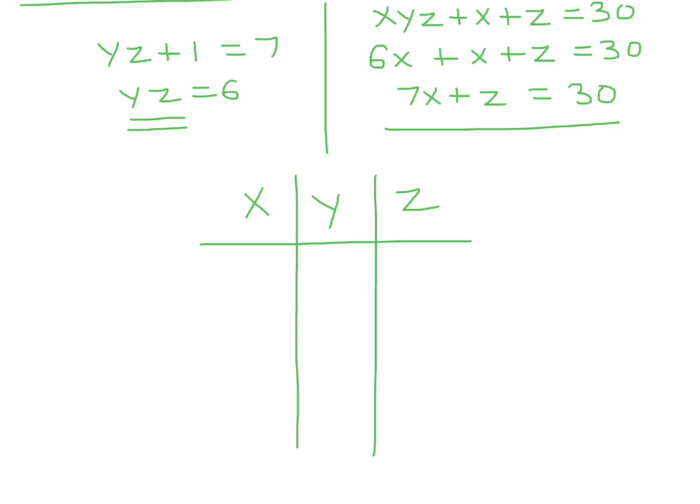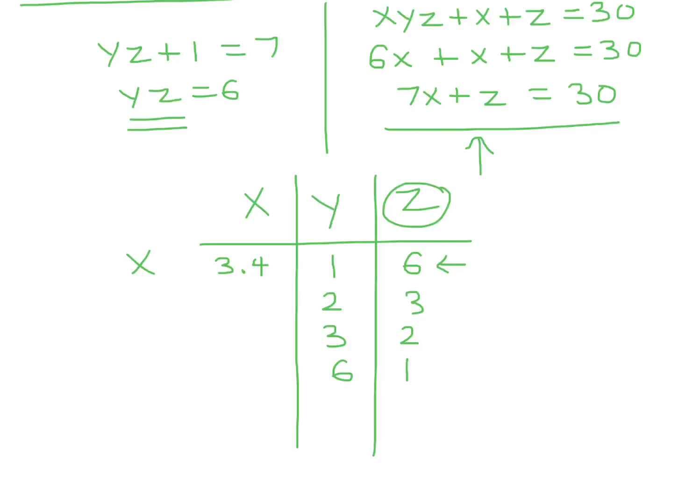If y times z is equal to 6, the only possibilities in terms of integers are 1 and 6, 2 and 3, 3 and 2, and 6 and 1. Now what we have to do is plug these values back into here to figure out x. Really what we're doing is plugging in the value for z. If you do that for z equal to 6, you'll get x equal to 3.4.